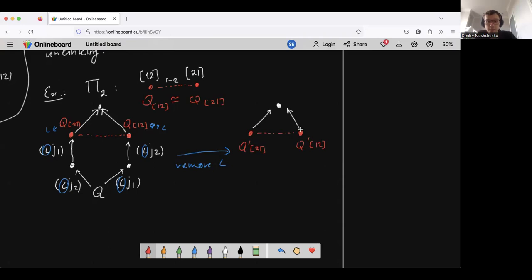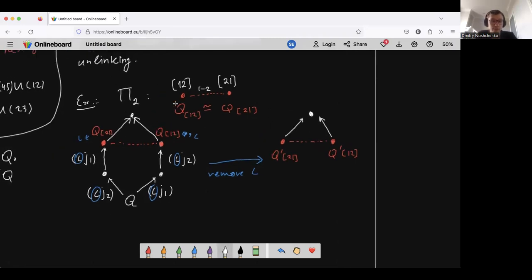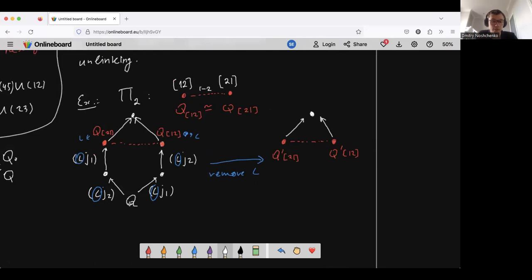These are still connected by permutation, and you can still unlink them to the same quiver. The reason is that by removing iota, we cannot complete this diagram, because here we had a step which involved iota. This unlinking involves iota, this unlinking also involves iota, and if you remove it, then this is forbidden. So we just get rid of all the quivers that we have on the bottom.